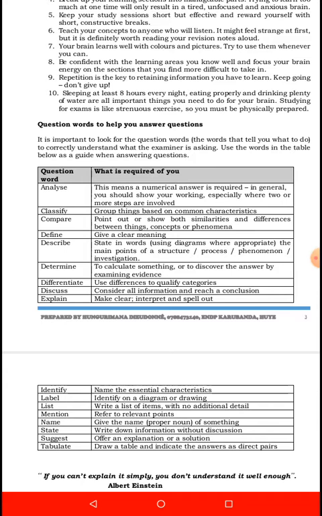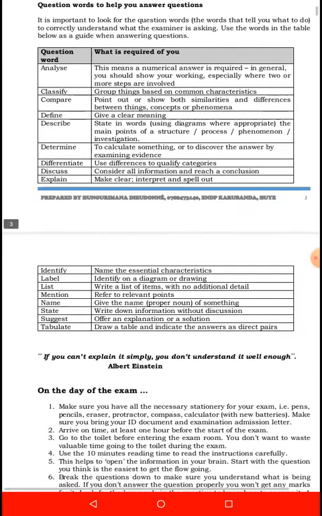If it is discuss, study all the information and read the conclusion. Explain: make clear, interpret, and spell out. Identify: label, list, mention, name, state, suggest, or tabulate.